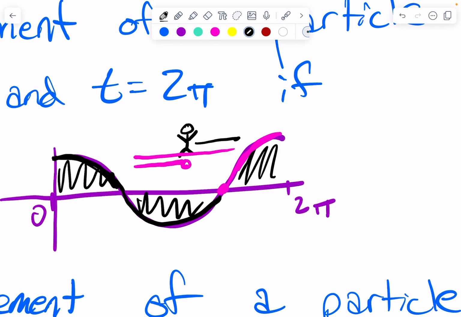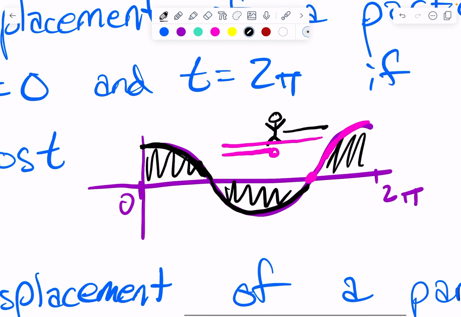Because I've done some work, I've gone some distance, right? But that would be total distance and not displacement. So how do we figure out total distance? Knowing what the graph looks like, if we want to find total distance, I would find the distance from here to here and then multiply it by 4, because it's in 4 chunks.